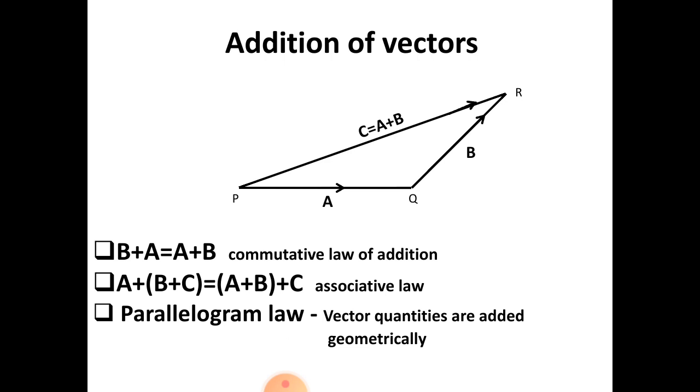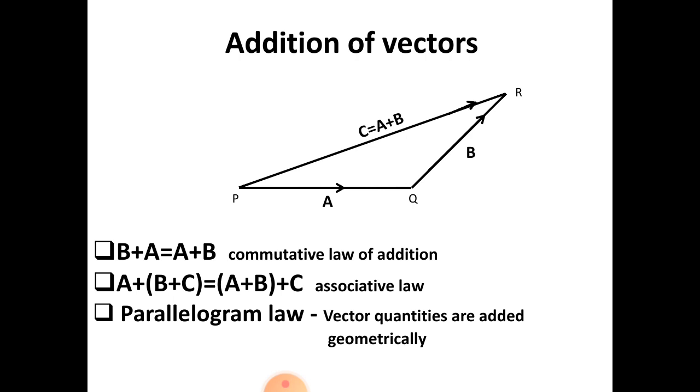If PR is equal to C, which is equal to A plus B, then the vector addition obeys commutative law of addition. That is, A plus B is equal to B plus A. Vector addition also obeys the associative law, that is A plus (B plus C) is equal to (A plus B) plus C. Vectors can be added by using the parallelogram law of vectors.